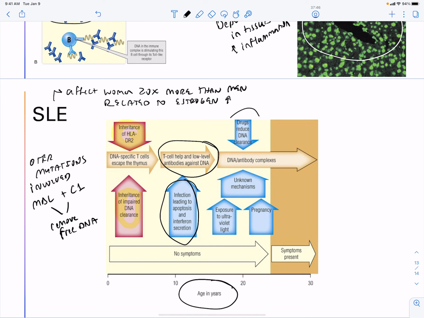Sometimes drugs. So we can have drugs interfere with DNA clearance. This is due to inhibition of some of our methyltransferases.